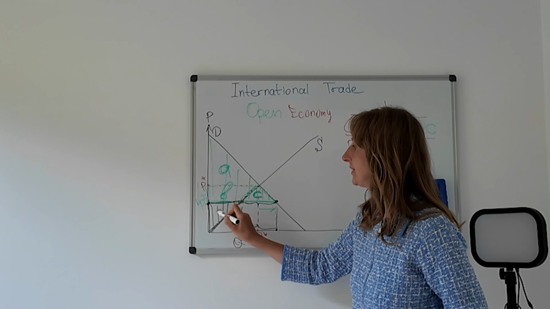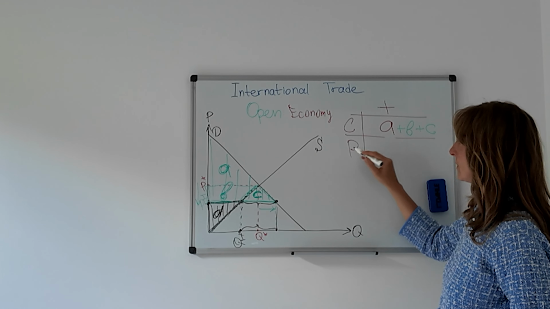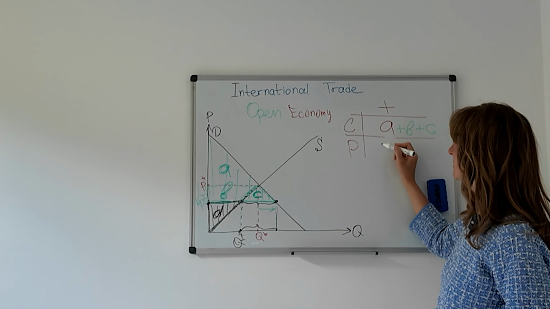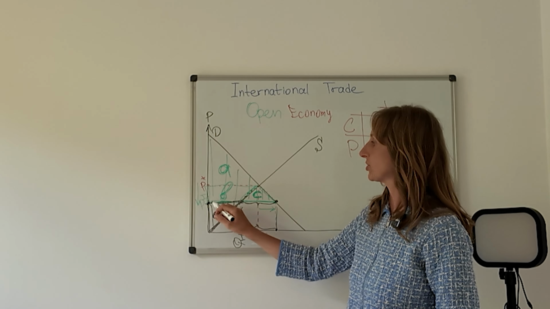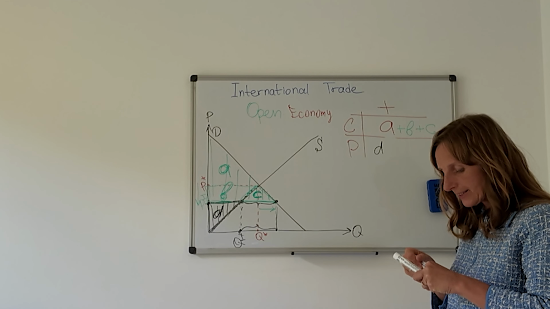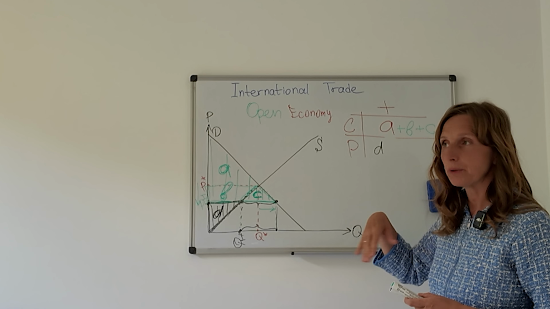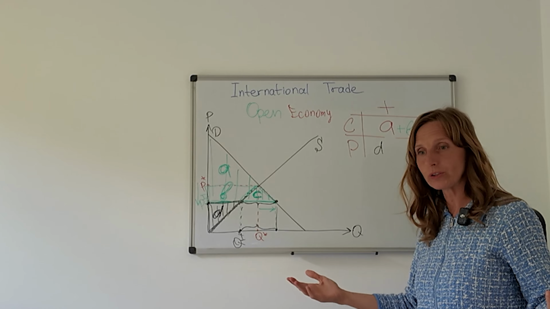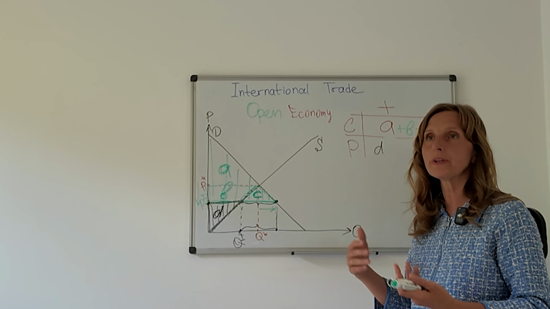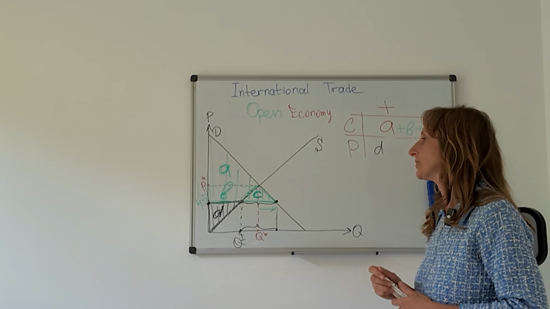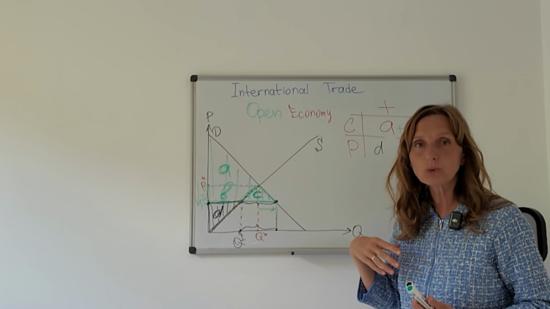Let's call it D, with the letter D, and say that our national producers now have a surplus of a triangle D. And my question to you is, what do you think they have lost? Because the economy changed to the open style, so to say. What is the change, or what did they lose?